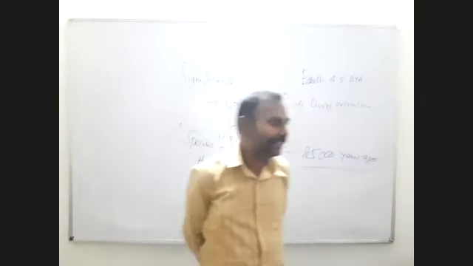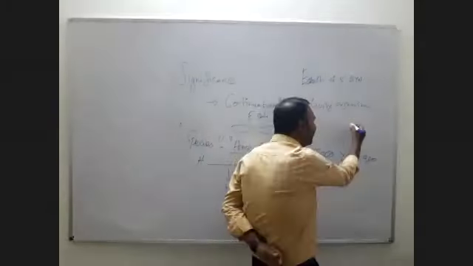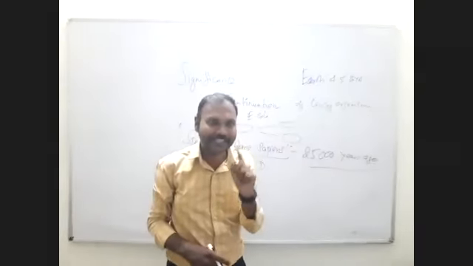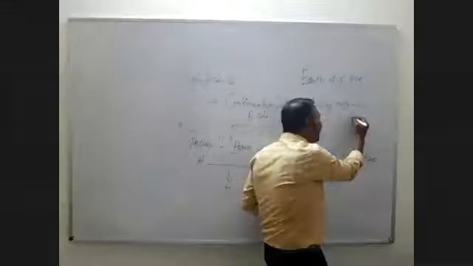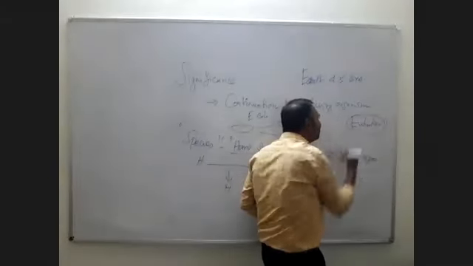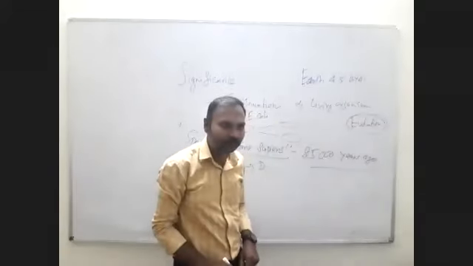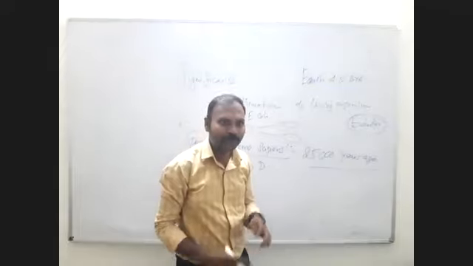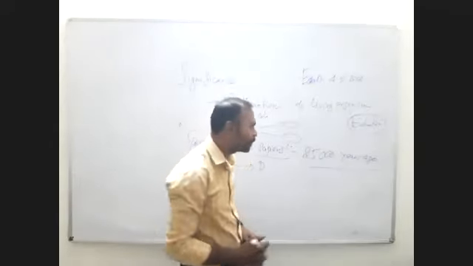See, actually, we have this chapter called genetics and evolution. There, in evolution, 3 components are there. What are the 3 components?